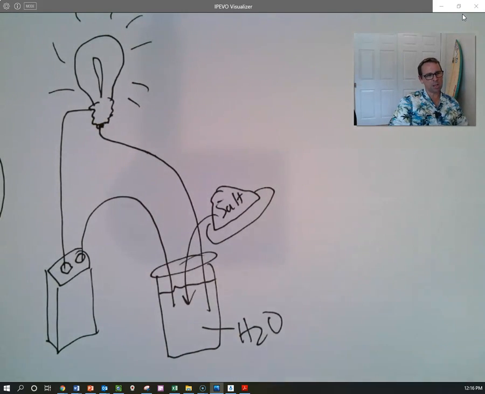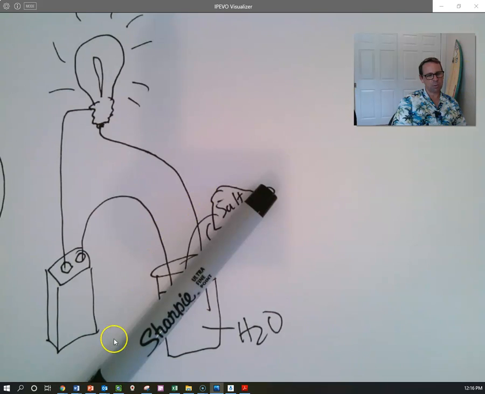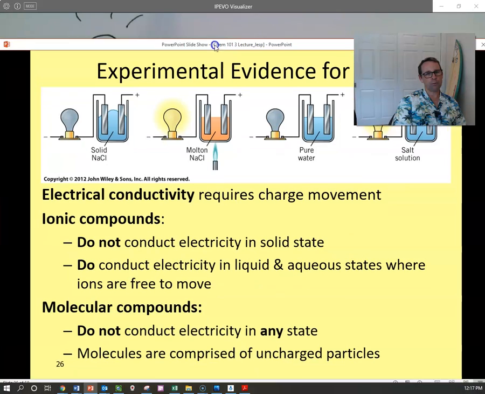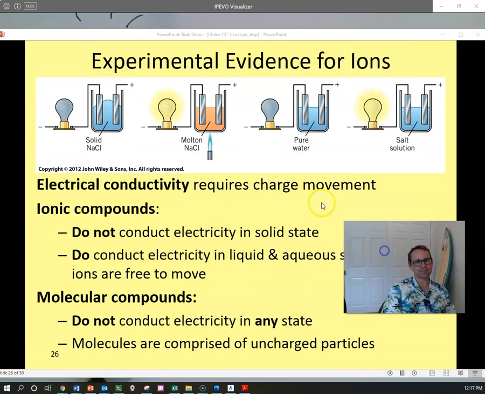So when we talk about this, and this comes up every once in a while, the conductivity of a solution, what we're referring to is a setup like this, where the salt or the molten salt isn't providing electricity, it's just allowing conductivity.